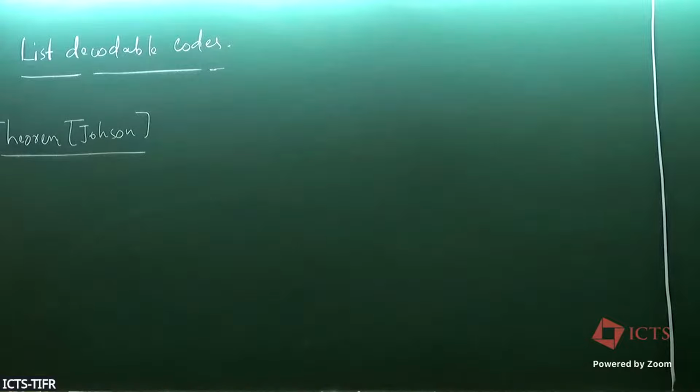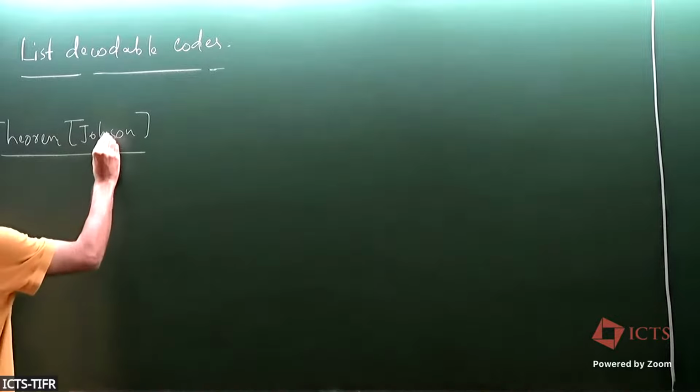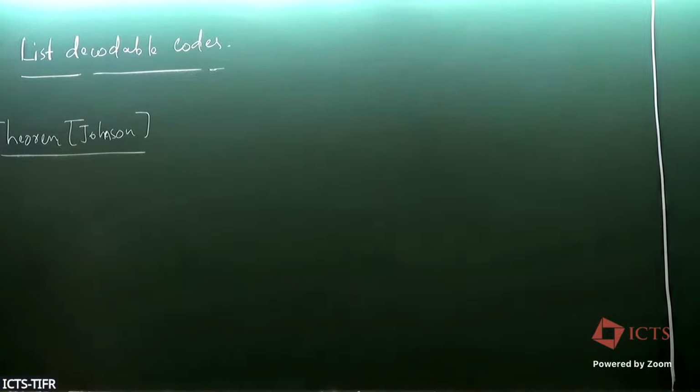This shows that if the distance of a code is delta, then it already endows the code with some interesting list decoding properties.